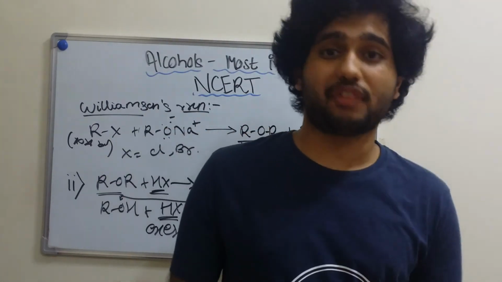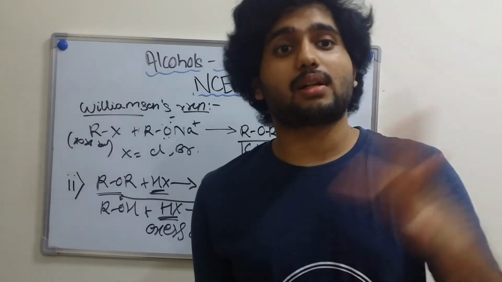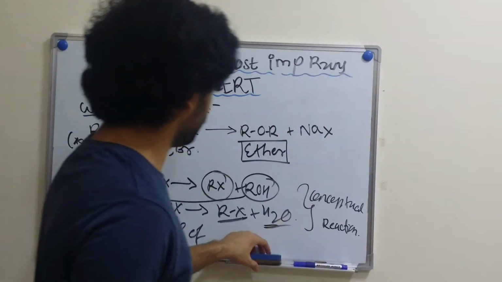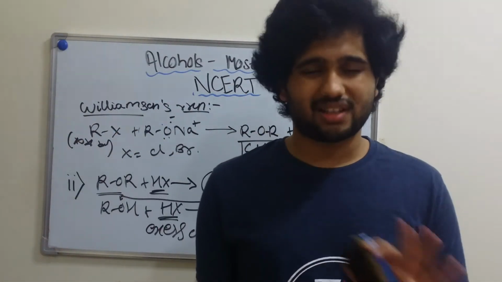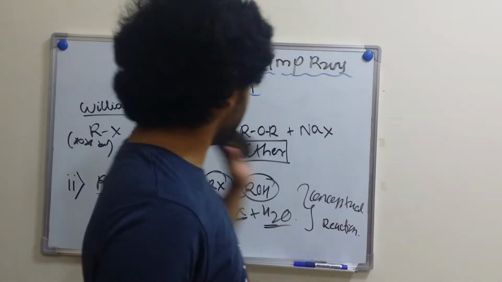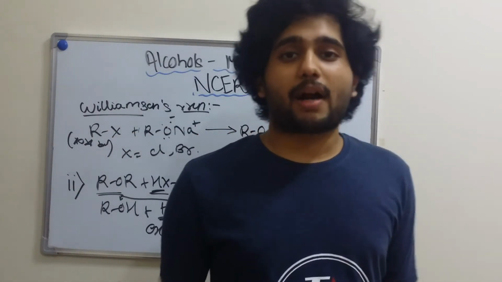Now we'll talk about phenol. In phenol also we have preparation of phenols, which come as name reactions. So I told you all the important reactions related to alcohols. In alcohols there are no important reactions. Basically I told you about phenols and ethers. Let's move back to phenols again.